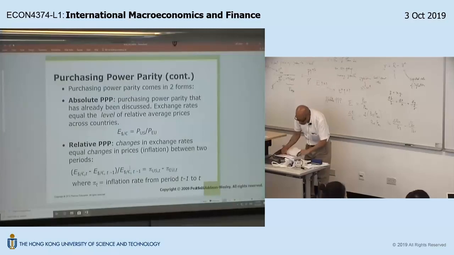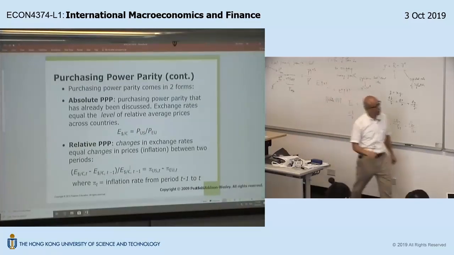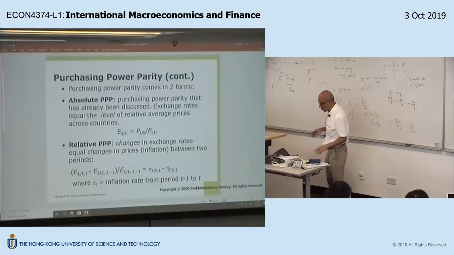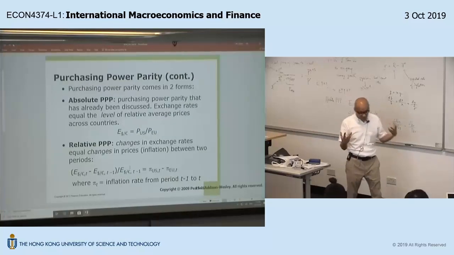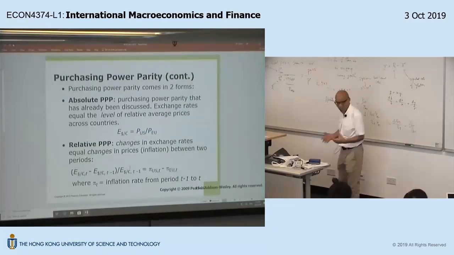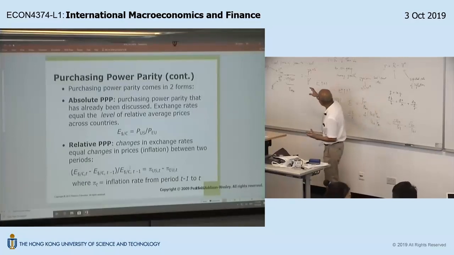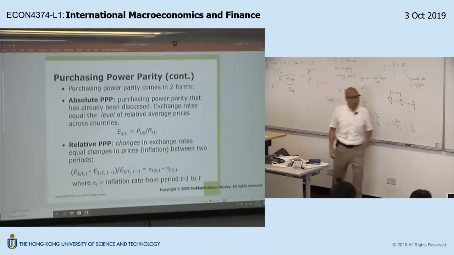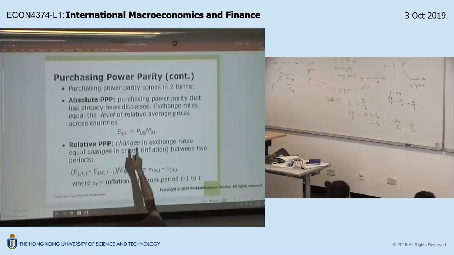So I think it's better for me to stop here, because I don't have time to go any further. I hope that when you go home, you read the rest of the chapter to get the idea of why relative PPP is equivalent to the relative price being constant. When absolute PPP holds, the relative price is equal to 1, but when relative PPP holds, it is a constant.